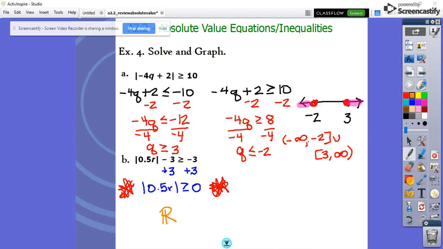This one is all real numbers. Even if you solve it, when you see a 0 right there, your red flag should be going off. And I bet some of y'all just barreled right ahead and got 2 answers. No, all real solutions for this one when you see a 0 with an absolute value.